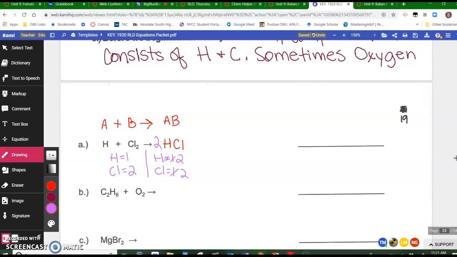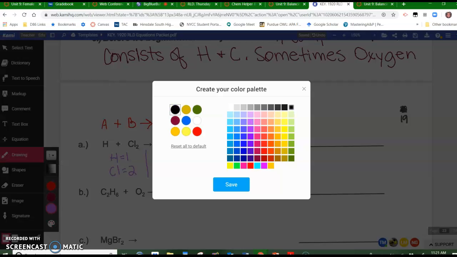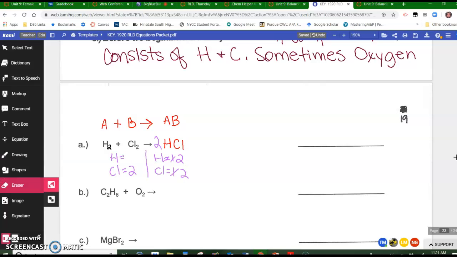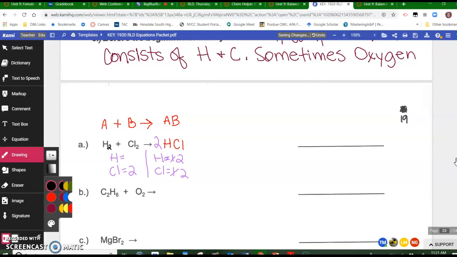Oh my gosh, I just realized. Hey guys, on your sheet, you have to add something. I have a typo here and I didn't even realize it. This shouldn't be just H. This needs to be H2. That's my fault. Oh gosh, I'm so sorry. So that's going to change my balancing here.